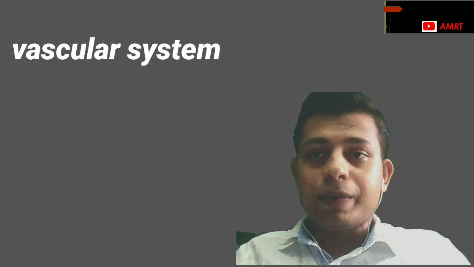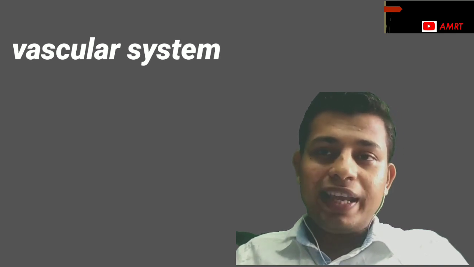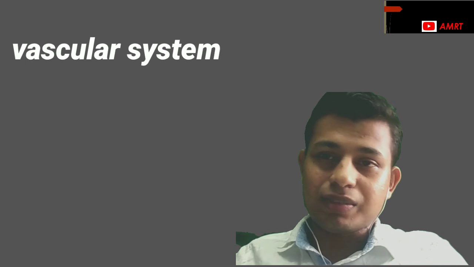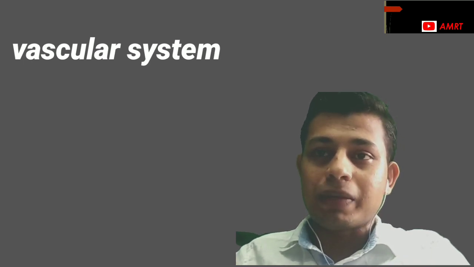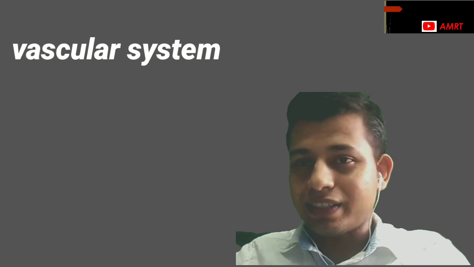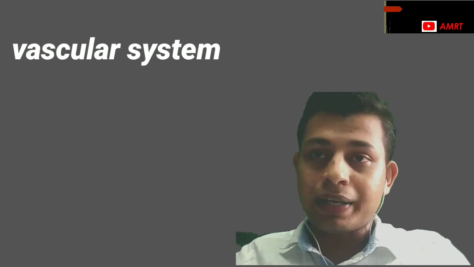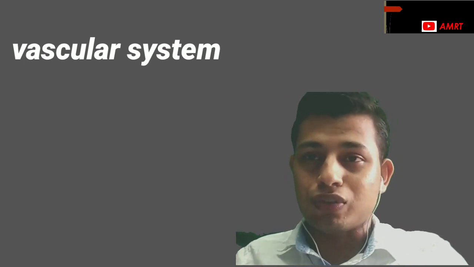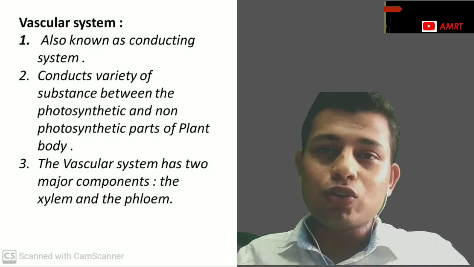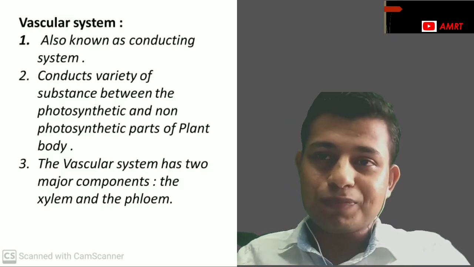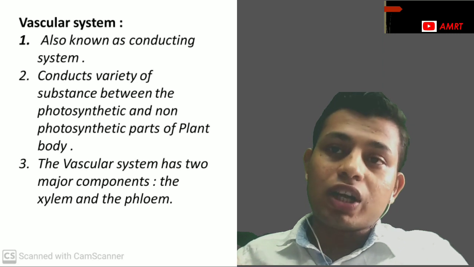Now you know that in human beings we have the circulatory system, meaning the blood vascular system and the lymphatic system, which play a very vital role in the transportation of all of these things. Just like that, the plant also has a vascular system, also known as the conducting system.